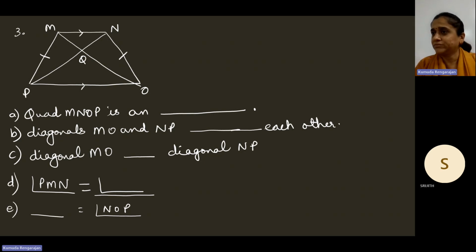So it's a trapezium. And it's isosceles because the non-parallel sides are equal. Hear me out. Why is it a trapezium? Because one pair of opposite sides are parallel. And then why is it an isosceles trapezium? Because the non-parallel sides are equal.